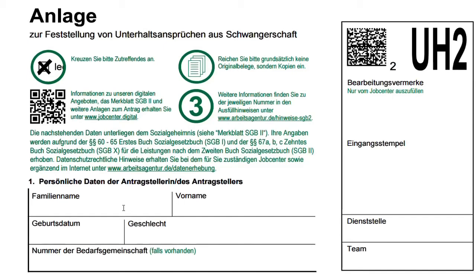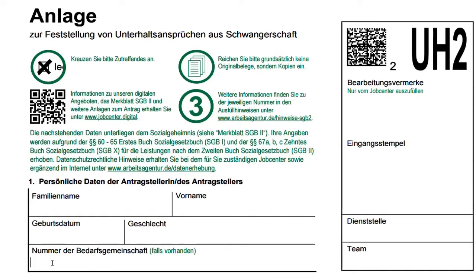So as an applicant, you write your last name here, your first name here, your date of birth here, your gender here. If you're a male or a man, you write M. If you're a woman or a female, you write W.